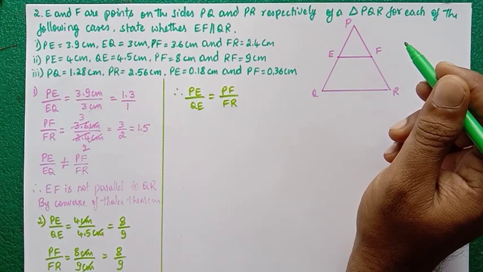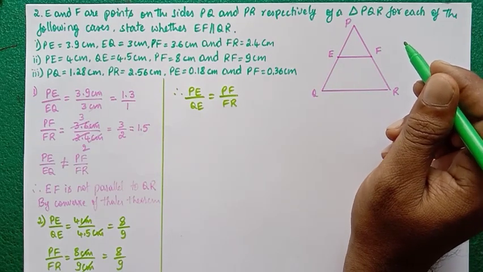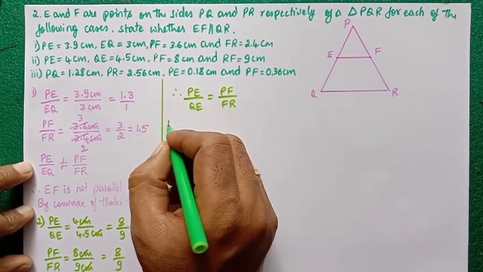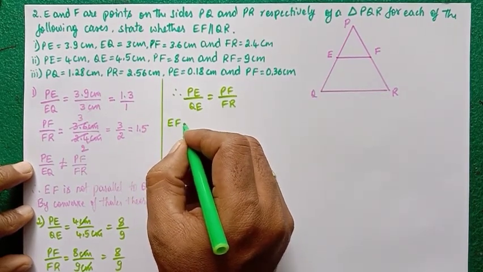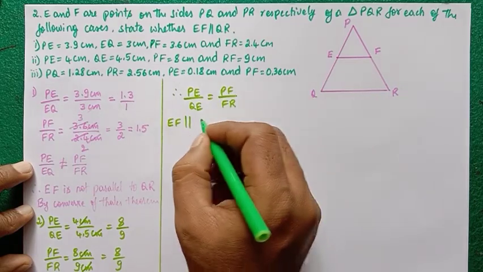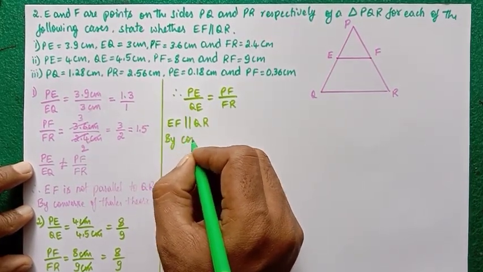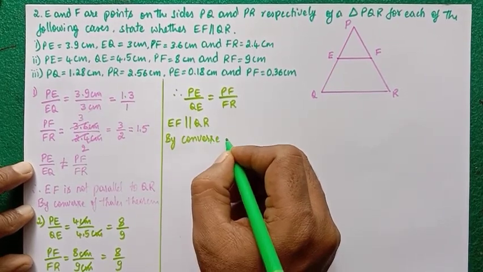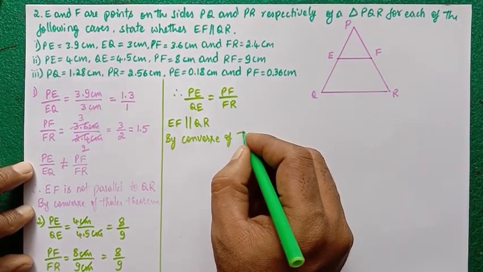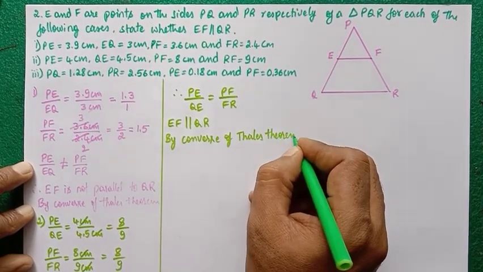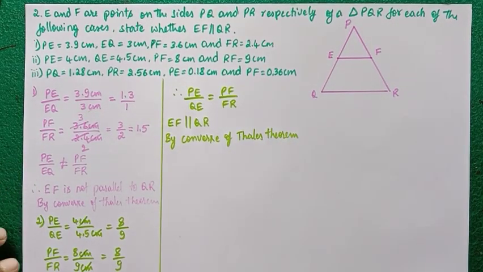Therefore, we can say that EF is parallel to QR by converse of Thales theorem.